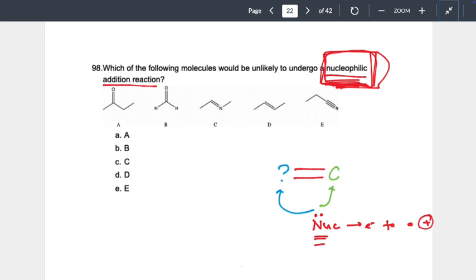Electrons to a positive. Could we see a carbon be positive? Yeah. Okay, could we see a question mark be positive? That's a really hard question to answer because we don't know what the question mark is.